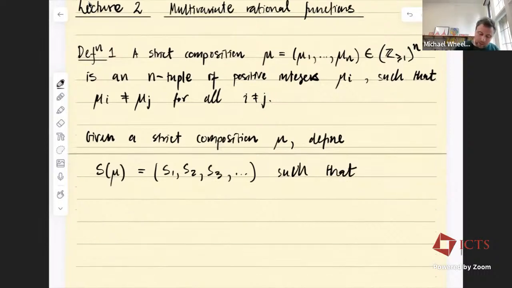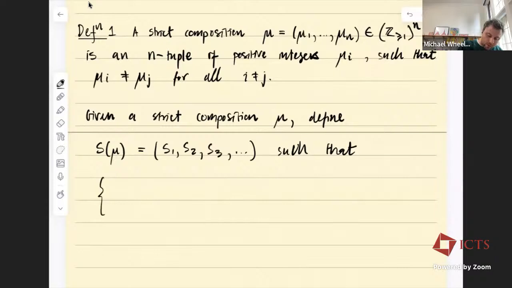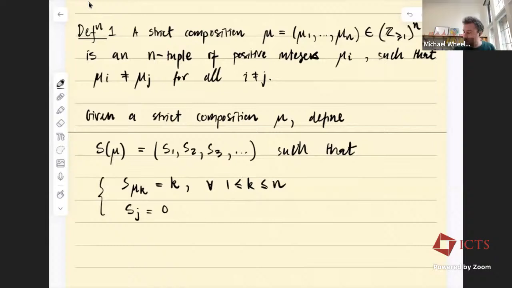If I look at the mu_k-th component, this will be set equal to k, and that holds for all k from 1 up to n. Otherwise, if I look at a component that doesn't correspond with a part of the composition, I will just set that entry equal to 0.